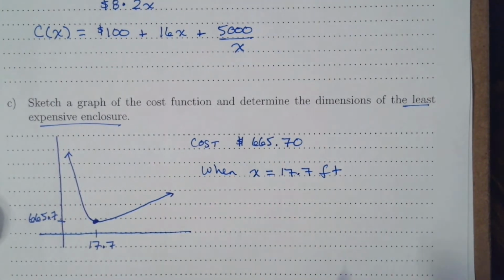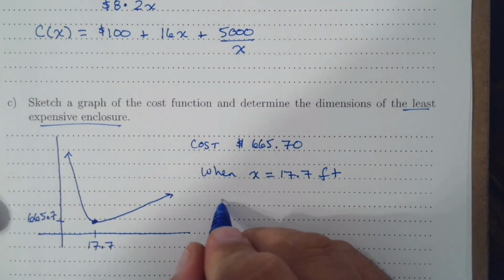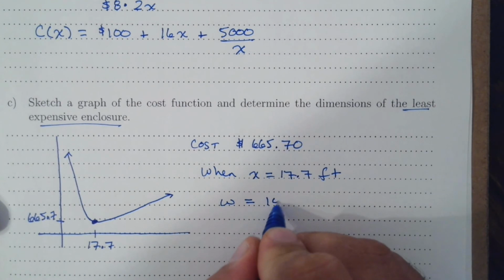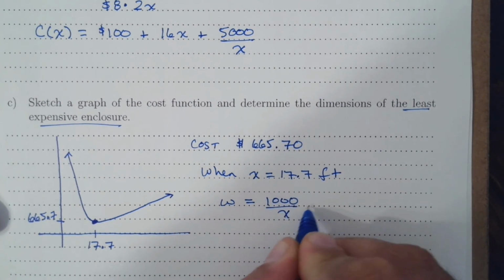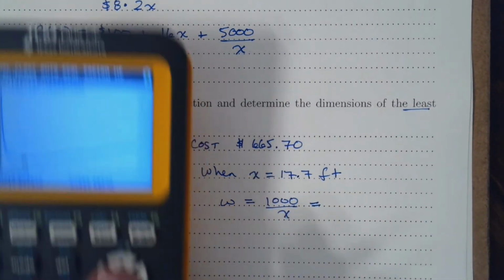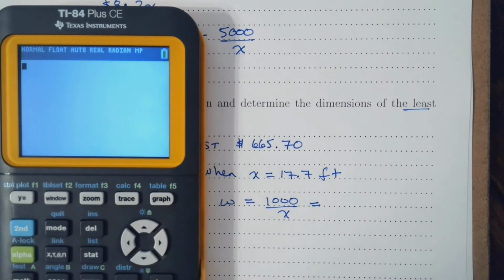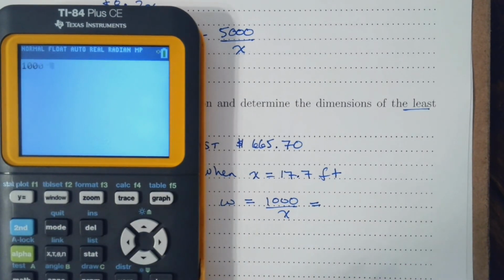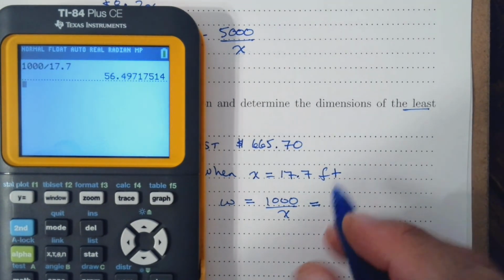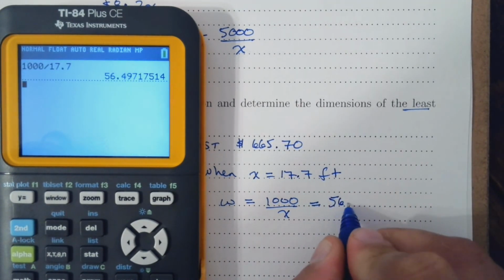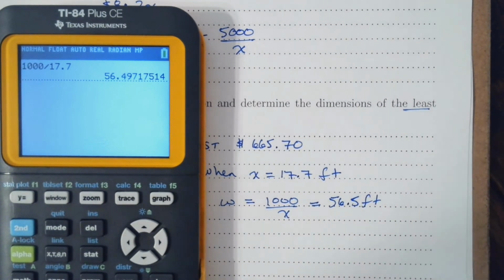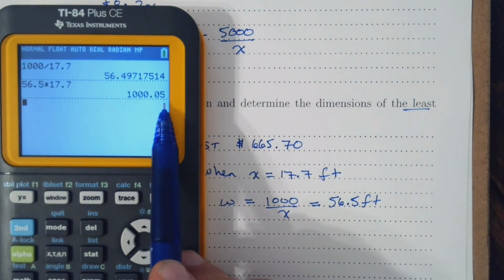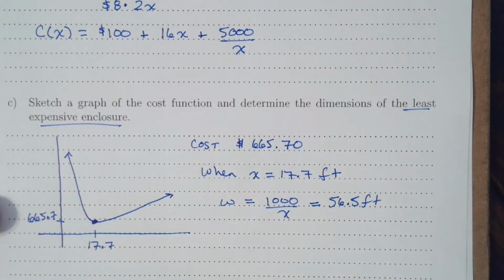Now, if x is equal to 17.7 feet and w is equal to 1,000 divided by x, then w is going to equal, let's check that out, 1,000 divided by 17.7, and that gives us about 56.5. So if we took that 56.5 and multiplied it by 17.7, we should see that we get close to that 1,000 square feet that we're looking for.